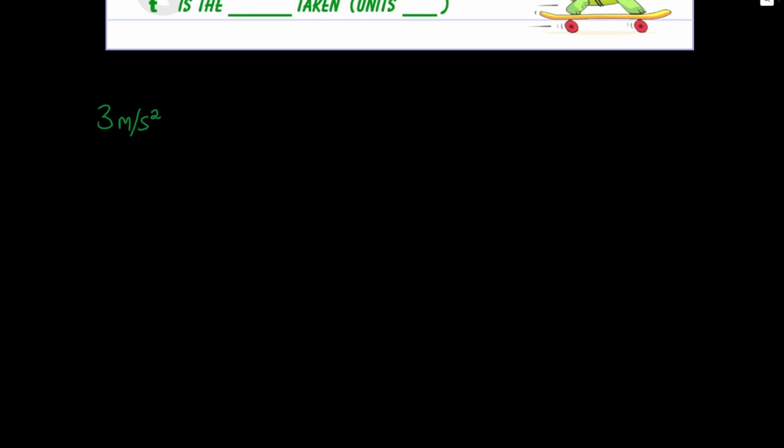let's just do a little table here. We could say time, and we're going to start in seconds. So we'll start at 0 seconds, then we're just going to count 1, 2, 3, 4, and just see what happens to the velocity or the speed. It's increasing in speed because it's positive.